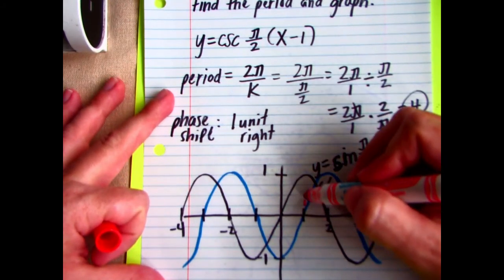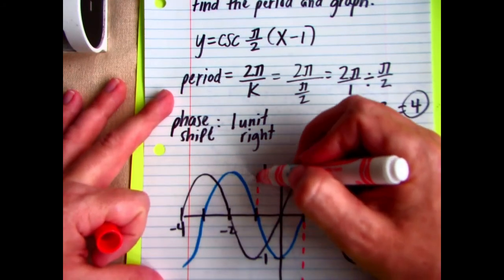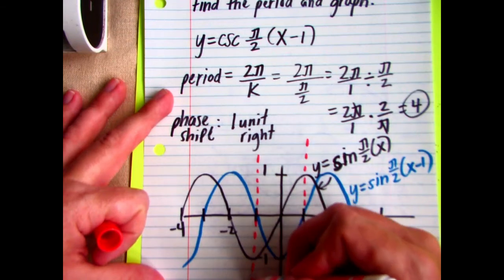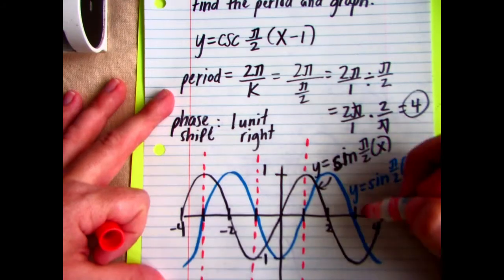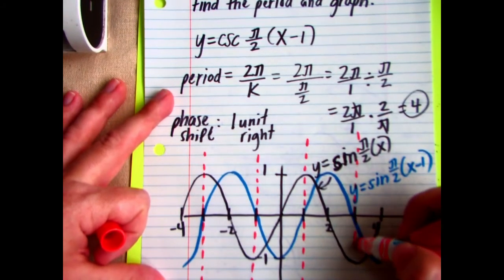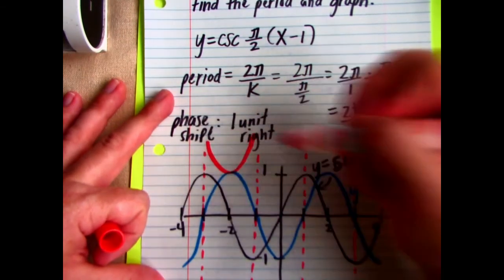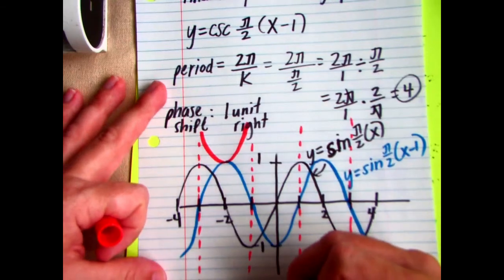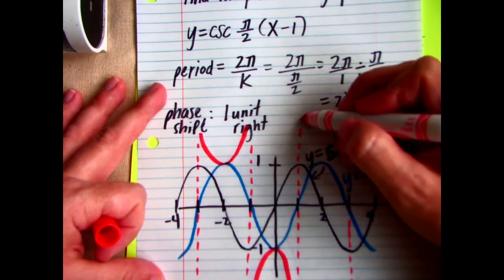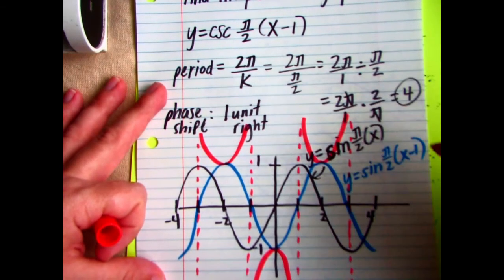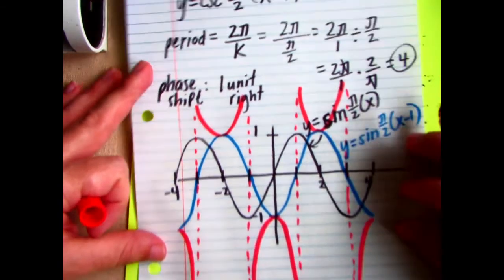So, like before, I want to identify those asymptotes. When is cosecant going to be undefined? When sine is 0. So that's where those vertical asymptotes are going to exist, when the blue sine graph is 0. Now to finish it off, I'm just going to reflect outwards. And that finishes up my graph.